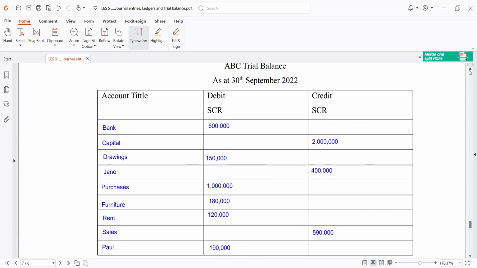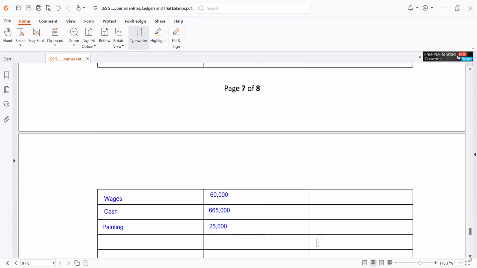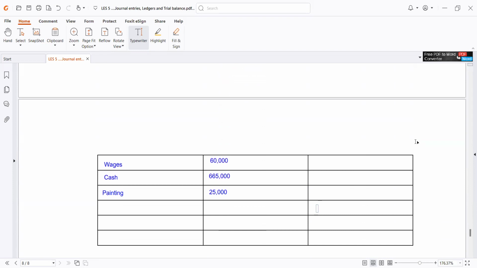Let me get the total. So I have 2 million.